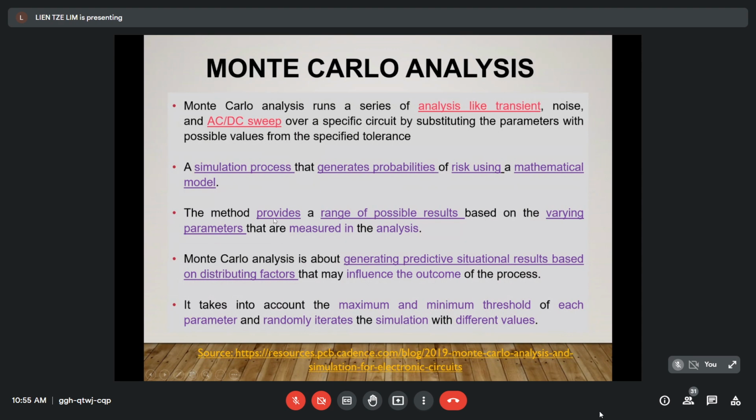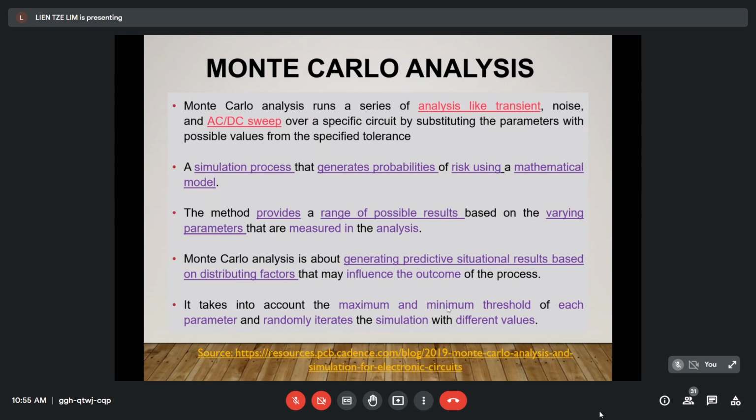The method provides a range of possible results based on the varying parameters that are measured in the analysis. Monte Carlo analysis is about generating predictive situational results based on distributing factors that may influence the outcome of the process. It takes into account the maximum and minimum thresholds of each parameter and randomly iterates the simulations with different values.